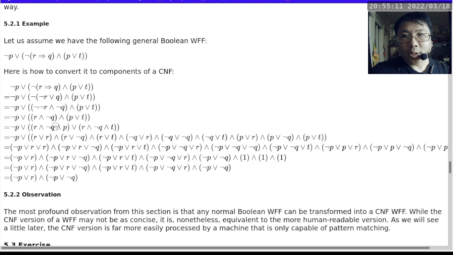In this case, I use a distribution where P or T is distributed to R and not Q. So now it becomes R and not Q and P, or R and not Q and T. I'm looking at R and not Q as a term, so we can always do distribution like that.